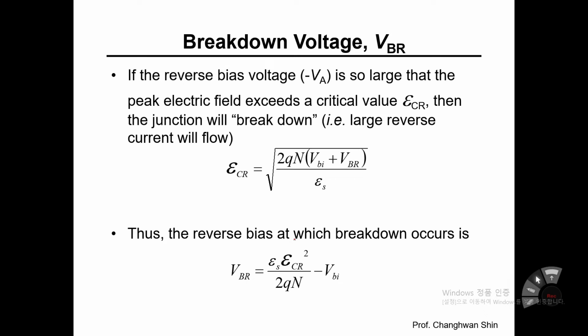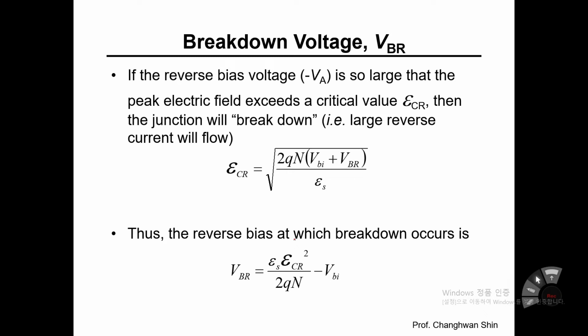As described in the lecture note, if the reverse bias voltage, say minus V sub A, is so large, and here again, so large means, more quantitatively speaking, the magnitude of the reverse bias voltage should be higher than the built-in potential, usually 1 volt, then the peak electric field exceeds a critical value denoted as electric field E sub CR, critical.